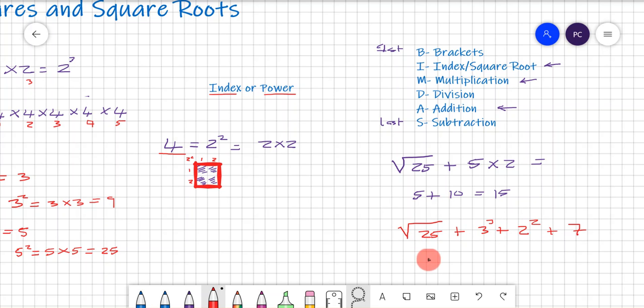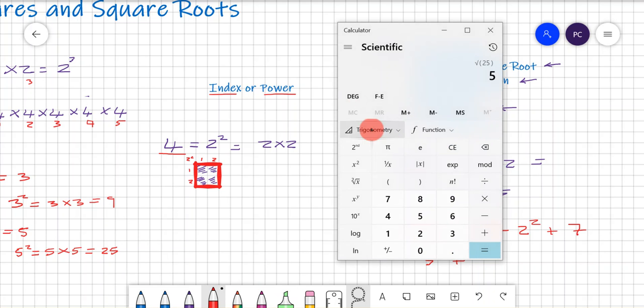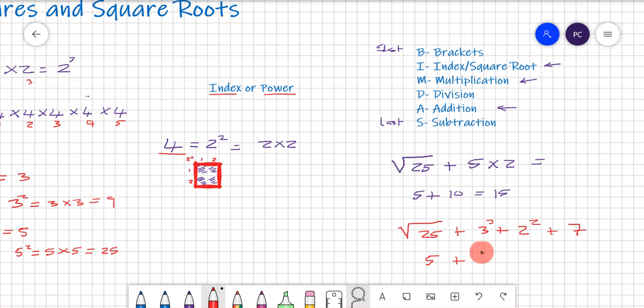So that's going to be equal to 5 plus, 3 to the power of 3, which is 3 multiplied by 3 multiplied by 3, which is equal to 27. Plus 2 to the power of 2, that's just 2 by 2, which is 4, plus 7.